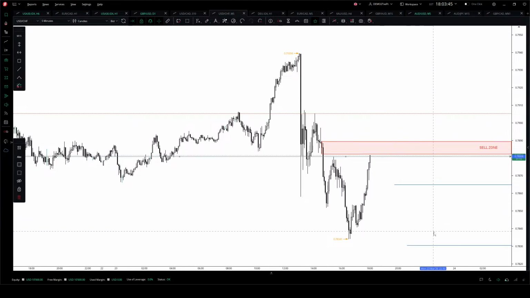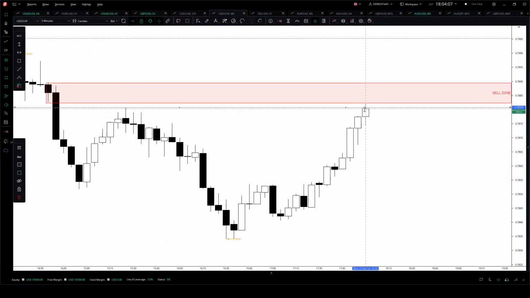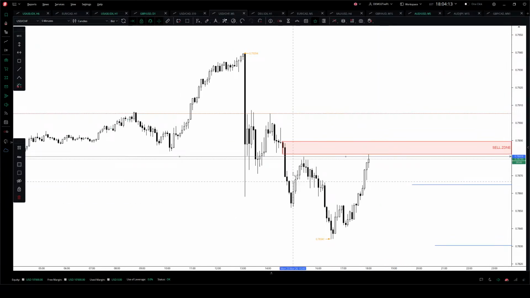However, with our own expertise, we derived such zones and we have maintained a second target distance of 5 times the risk. So if we get a bounce of this much, then we will be getting a 3.5 times return on investment. We still have not hit the supply exactly, but it was expected that price will turn a little bit before that.